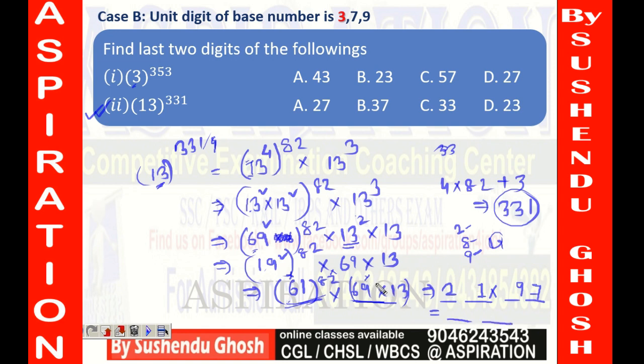In the same way, it will give you 7 in the unit place, and 2 multiplied by 7 means 14. We are taking only 4. Then 1 into 9 means it will give you 9. So 9 plus 4 means 13. It will give you 3 in the 10th place. So 37 will be the correct answer for this question.